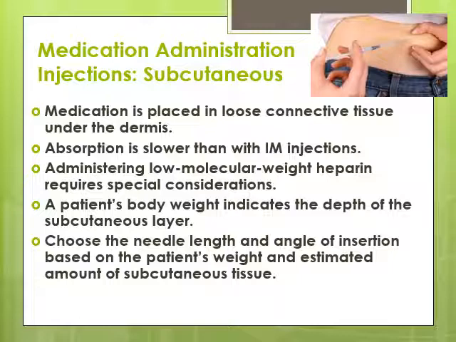Some people have a thick fat layer in the subcutaneous layer. Choose the needle length and angle of insertion based on the patient's weight and estimated amount of subcutaneous tissue. We must focus on the angle of insertion according to the patient's weight, because there are layers and fat.